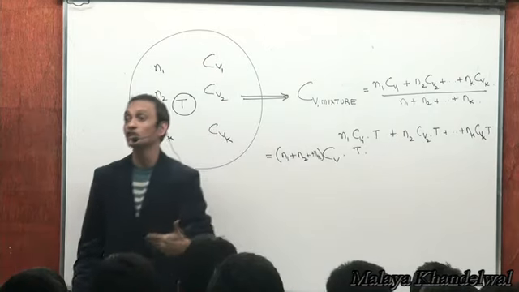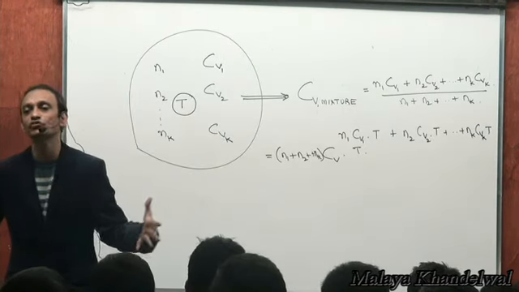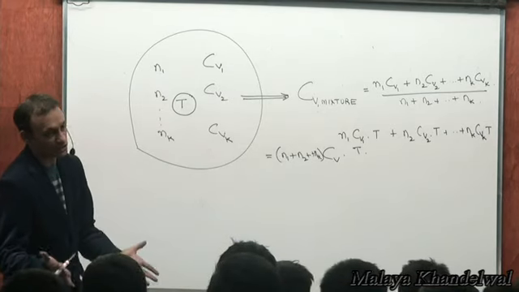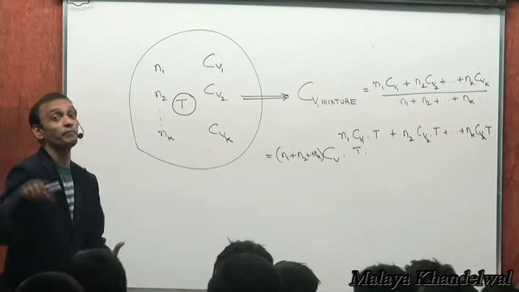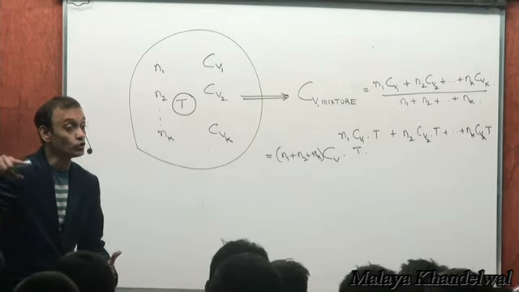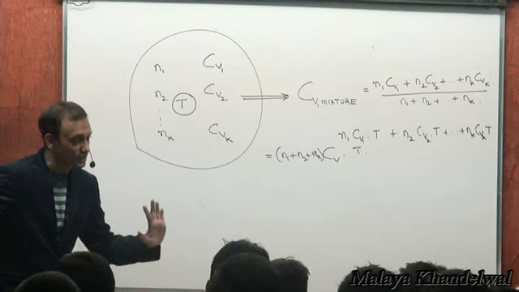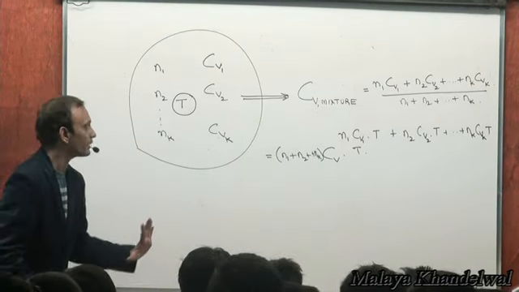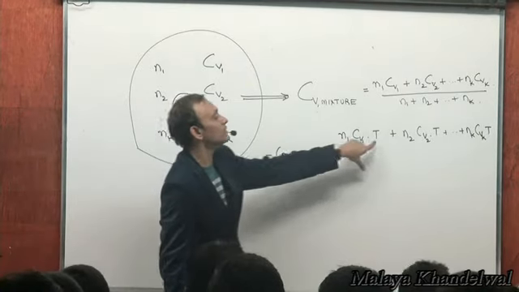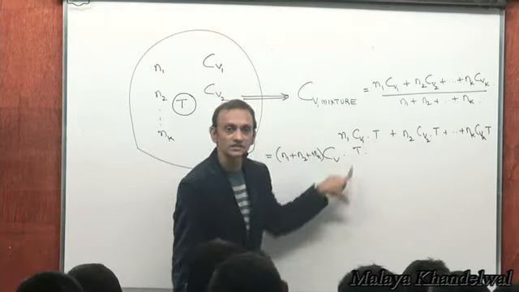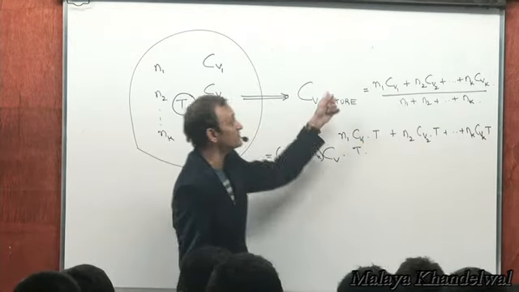Did I not tell you that the internal energy is going to be NCv into temperature? That's a change in internal energy. But the absolute internal energy is N into f by 2 RT, and f by 2 into R is Cv. So NCv into T is the absolute internal energy at absolute temperature T. So Cv then is the weighted average of the Cvs.